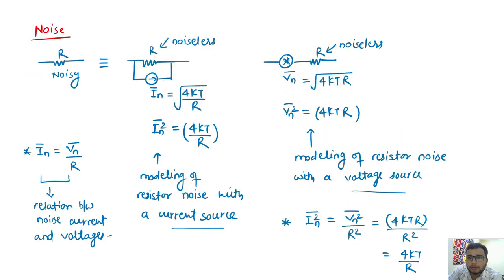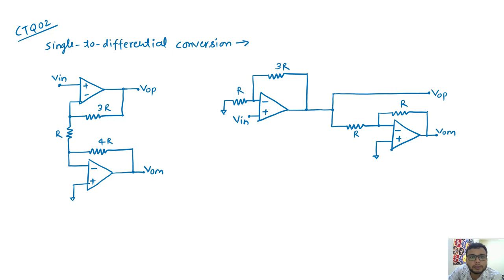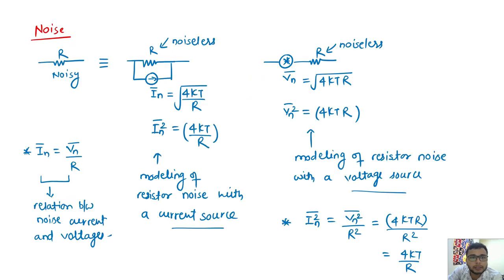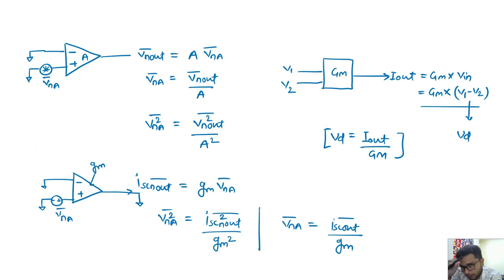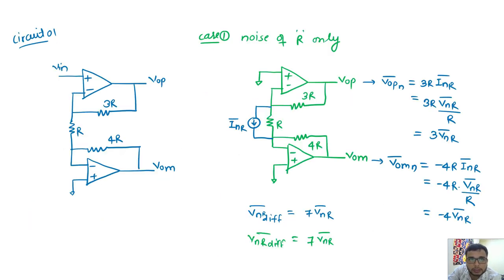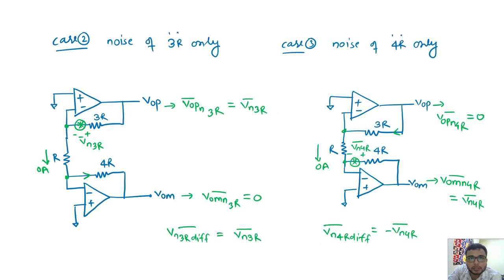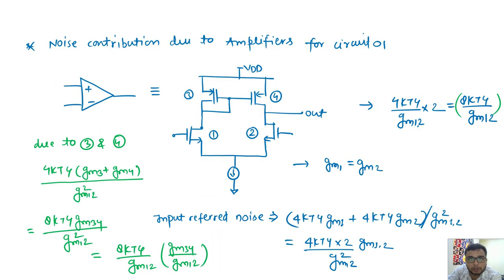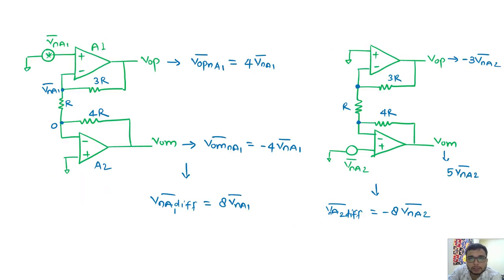Okay, so I will recap once. This CTQ problem we have stated here. After that, I explained the noise concept, how to model the noise of the resistor and how to model the noise of the amplifier, and the important points. Then the circuit 1 analysis due to the resistor noise, then the amplifier noise, and we calculated the noise contribution due to the amplifiers only.